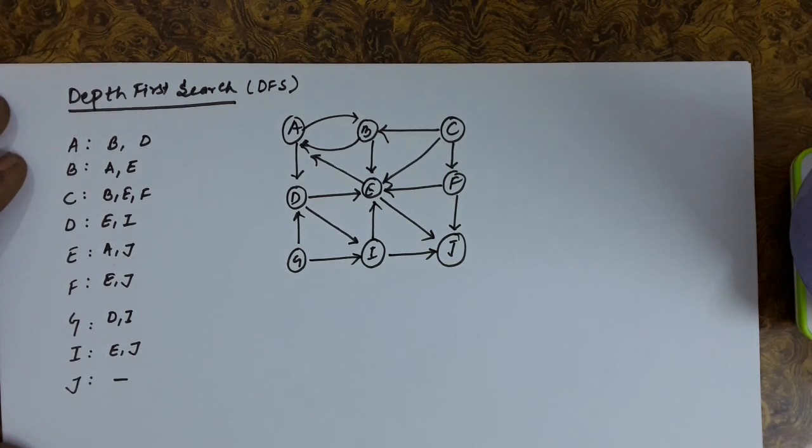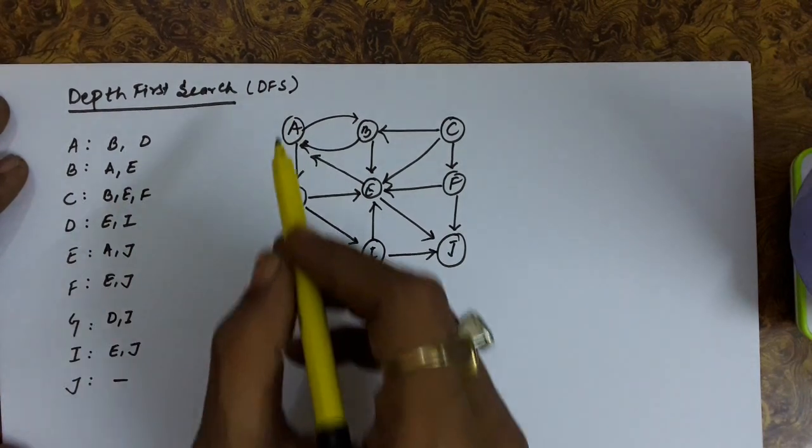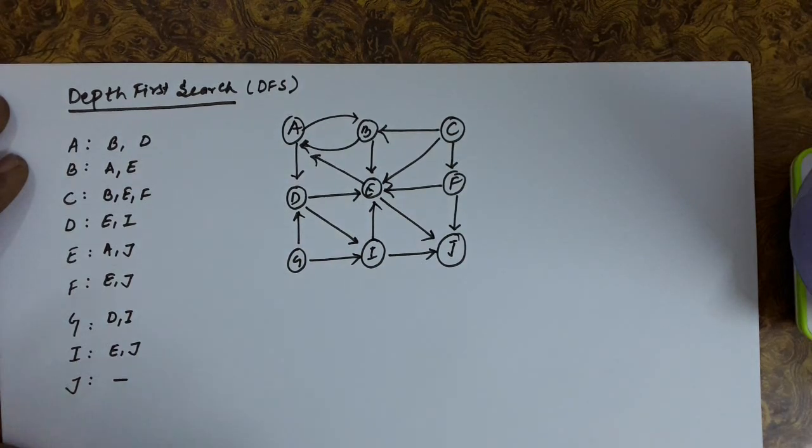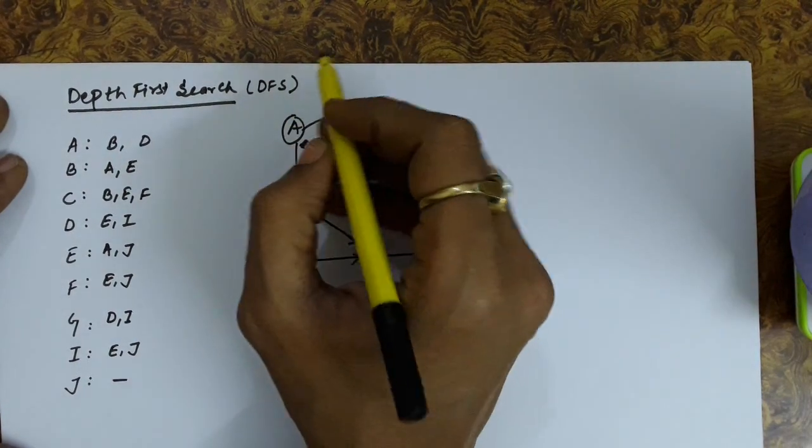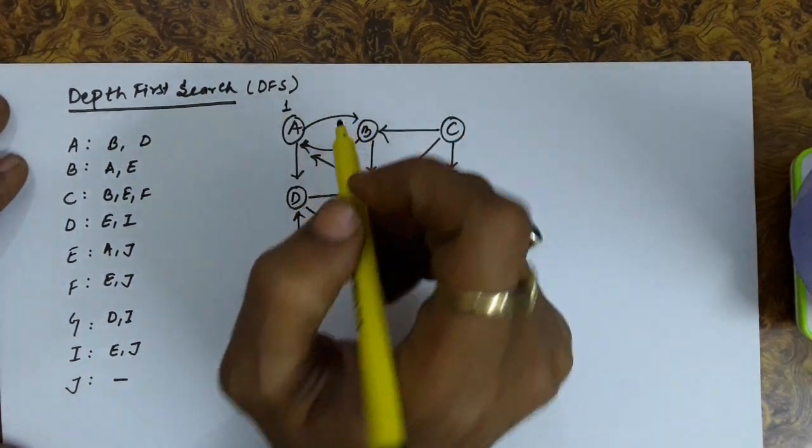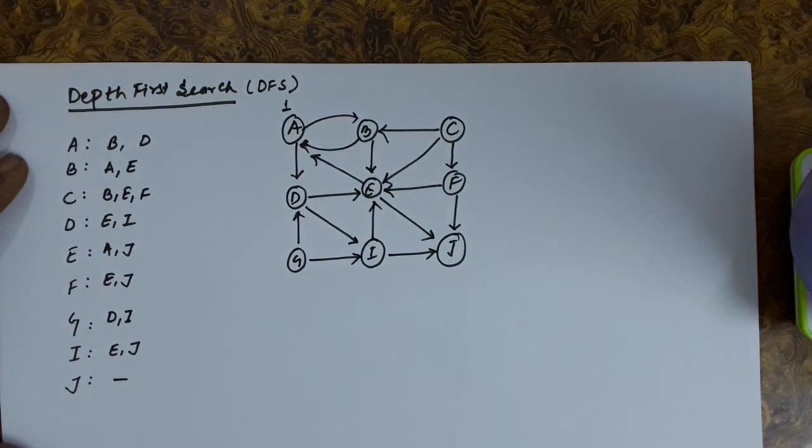So suppose there is a directed graph given. We have already formed the adjacency list of this graph. The DFS works like this. Suppose in this graph the first vertex is A. So let us start this vertex at time 1.